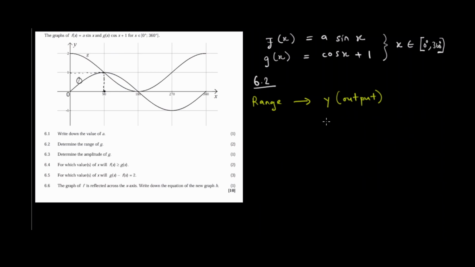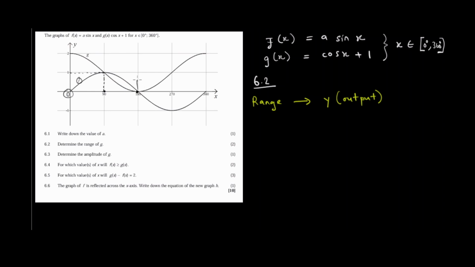Since we know that the range is associated with y, which is the output, and we are tasked by 6.2 to find the range of g, we are going to be looking at the relationship between the function g and the y-axis. If you look closely, you are going to see that the minimum point occupied by this function g relative to the y-axis is this point, which is actually a 0.